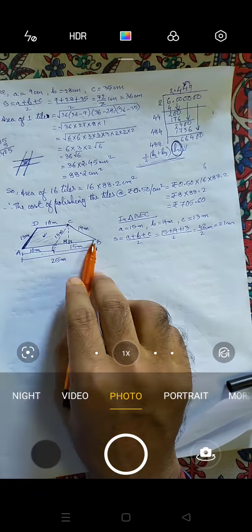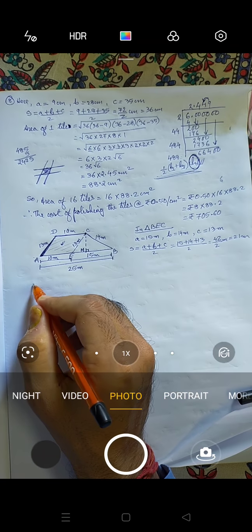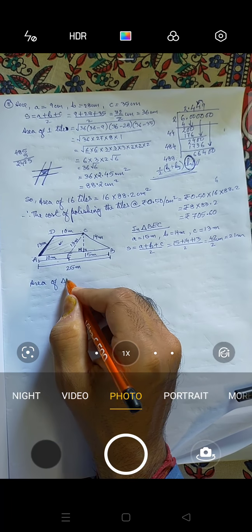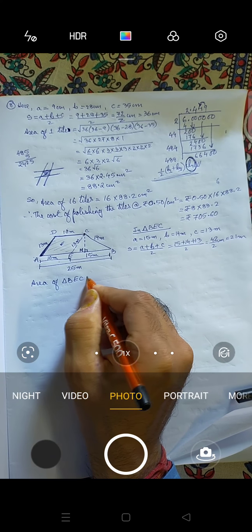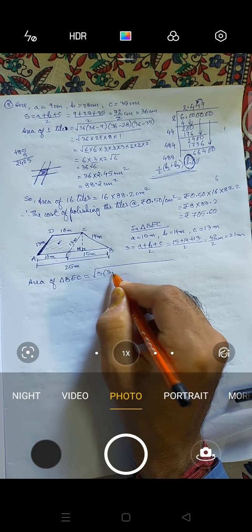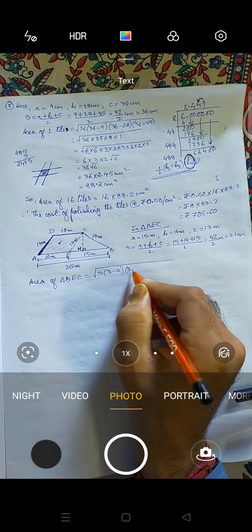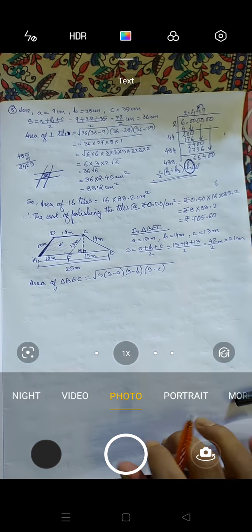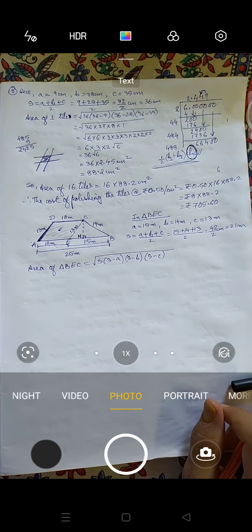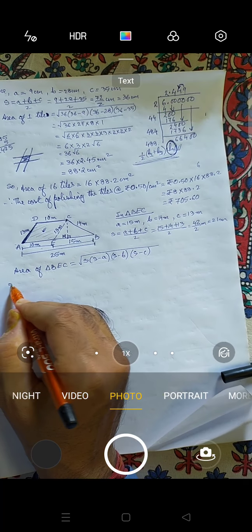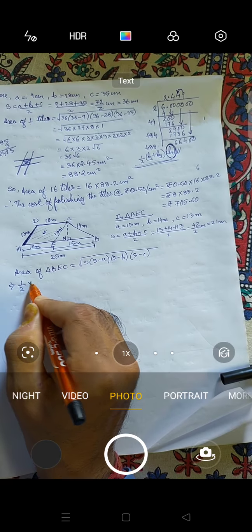So in this triangle, I will say that the area of triangle BEC equals root over S into (S minus A) into (S minus B) into (S minus C). Okay. Now I am making a little shortcut also. The area of a triangle is also equal to half into base into height.